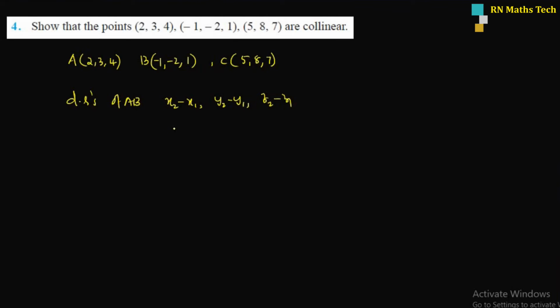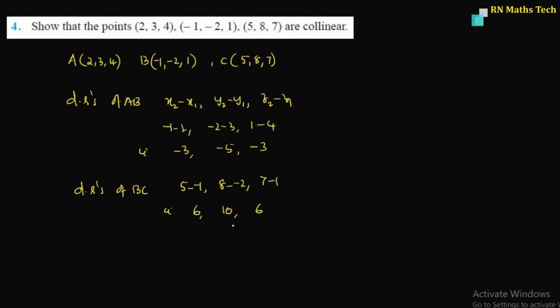That is minus 1 minus 2, minus 2 minus 3 and 1 minus 4. That is minus 3, minus 5, minus 3. Now direction ratios of BC, which is 5 minus minus 1, 8 minus minus 2, 7 minus 1. That is 6, 10 and 6.